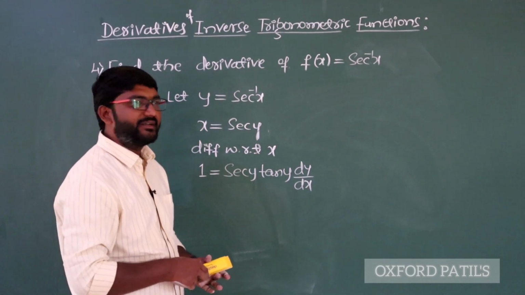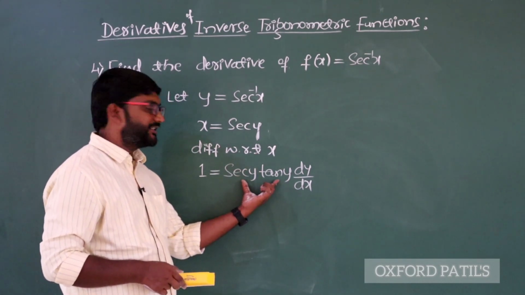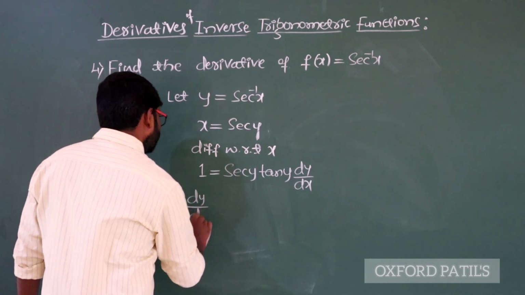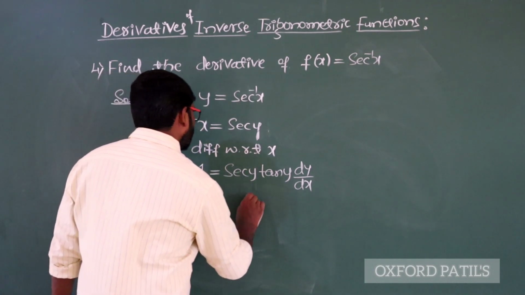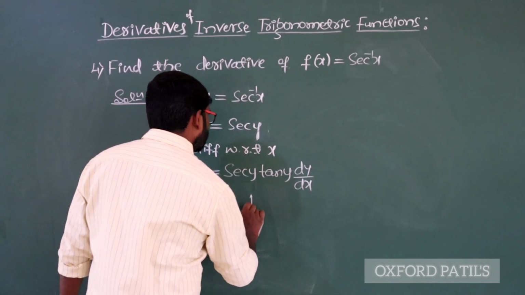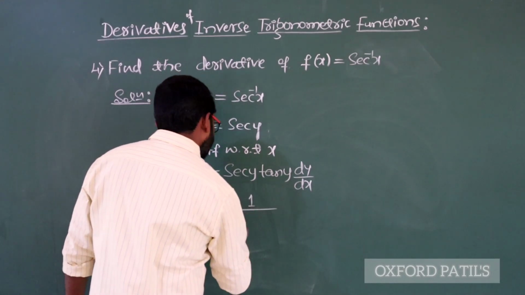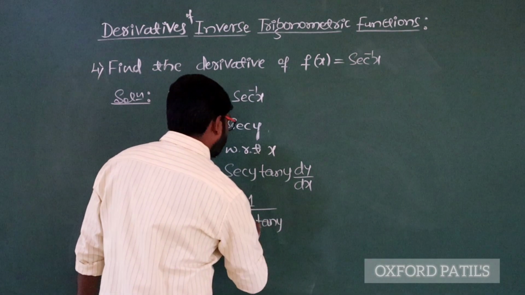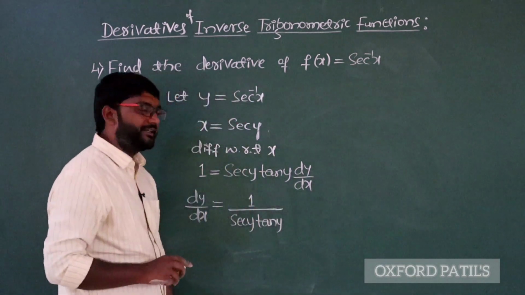Now, we need only dy by dx. Take these two terms to the left hand side, it goes to the denominator. So dy by dx is equal to 1 divided by secant y into tan y.